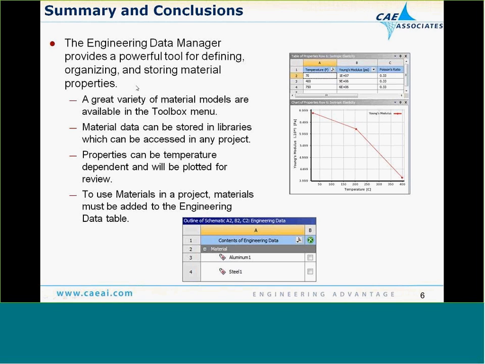You can use those libraries in other projects, or other people can access the libraries you created for those materials. Properties can be temperature dependent, and they'll be plotted in the graph on the lower right side of the window. If you want these materials in your project, you have to make sure you add those materials to your Engineering Data table.